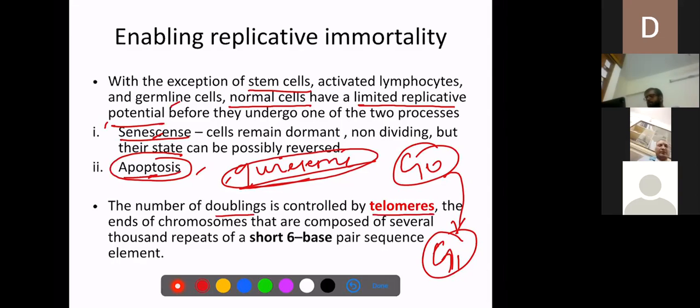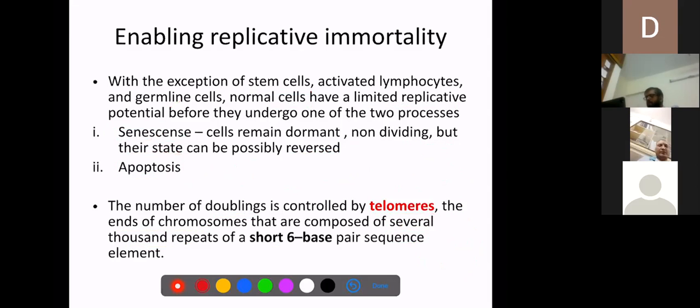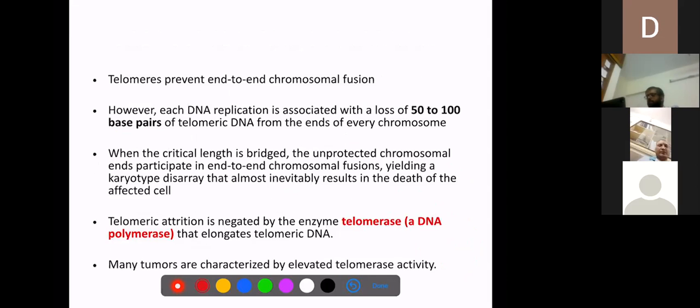What are these telomeres? Usually there are short 6 base pair sequences present at the ends of chromosomes. They have several thousand repeats of the same element. They prevent end-to-end chromosomal fusion. However, each DNA replication is associated with the loss of 50 to 100 base pairs.